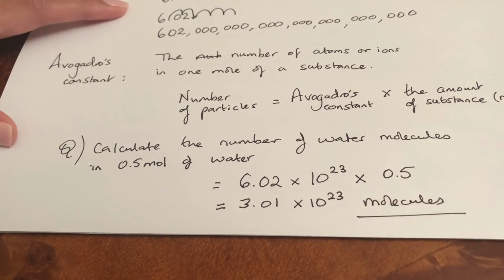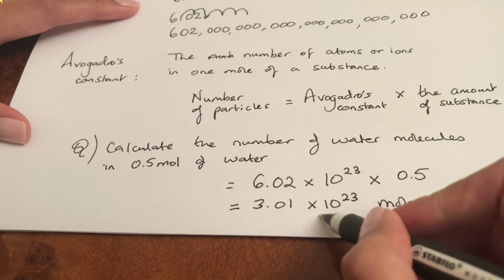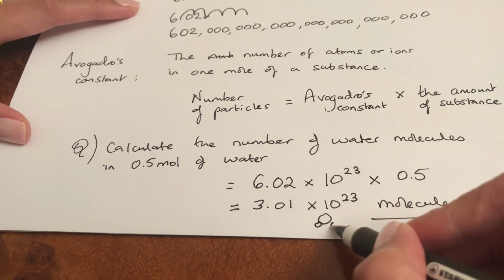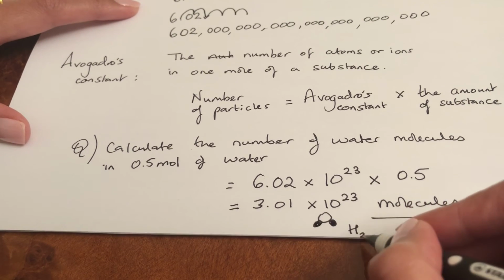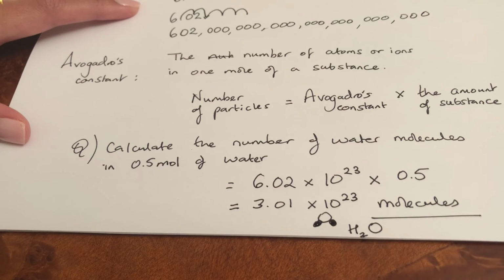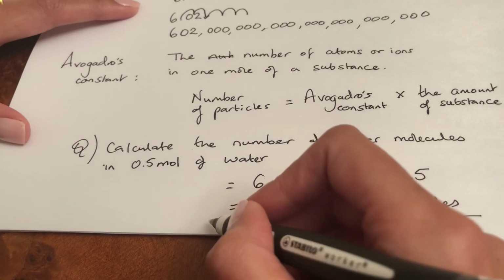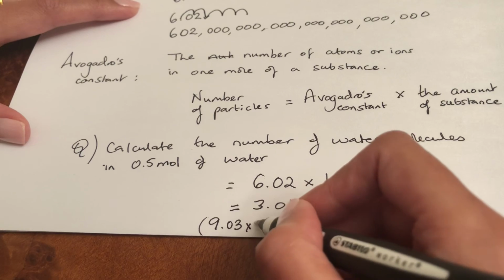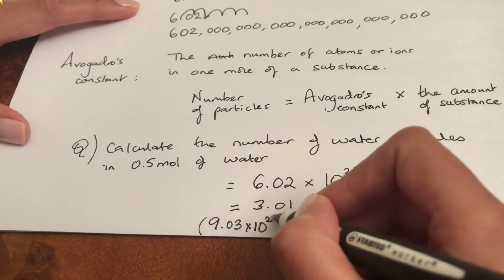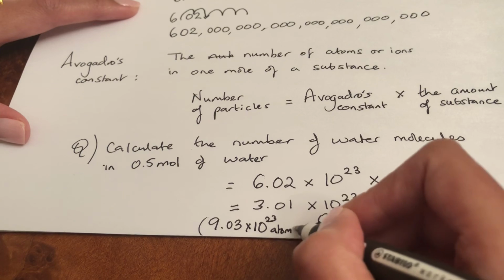Really important: we are not looking at the individual particles, because remember, water is made up of 3 particles, H2O. If you wanted to know what this value would be for the individual particles, you would simply multiply this by 3, and that would give you 9.03 times 10 to the power of 23 atoms.